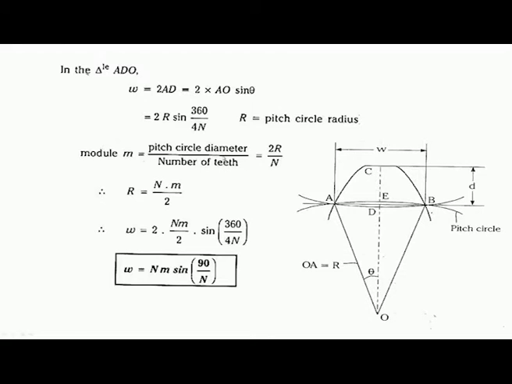So, using this geometry we can derive the equation for W, the chordal thickness, which is equal to N m sin 90 by N, where N is the number of teeth. OA is equal to r, which is the pitch circle radius, and m is the module.